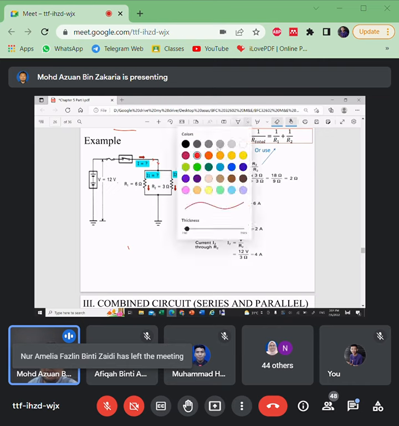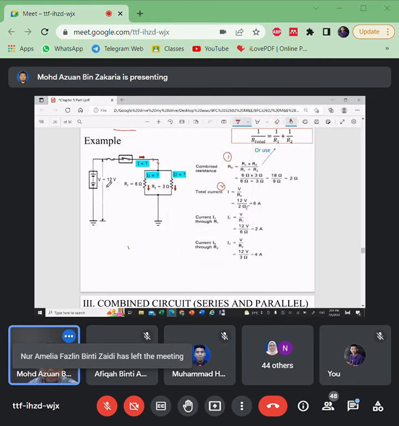This one I changed to 24 volt. This one I changed to 10 ohm. This one I changed to 5 ohm.